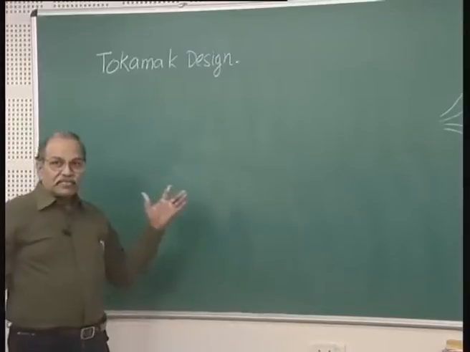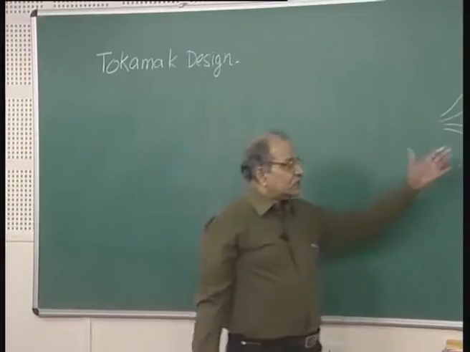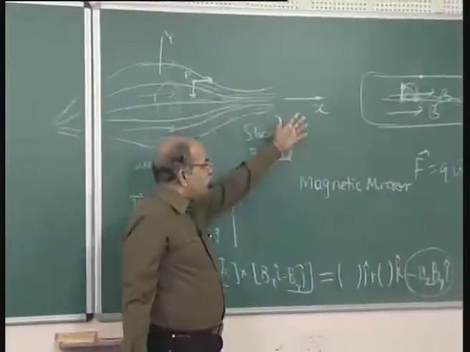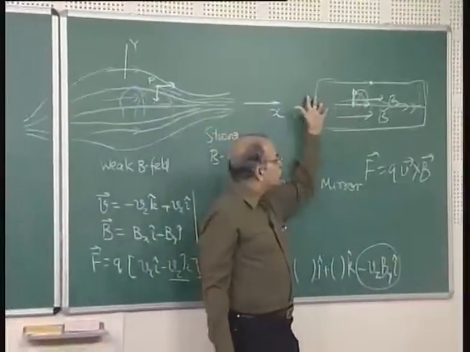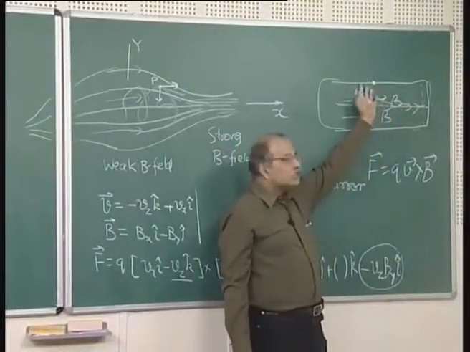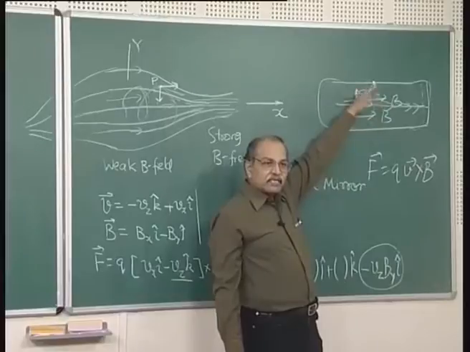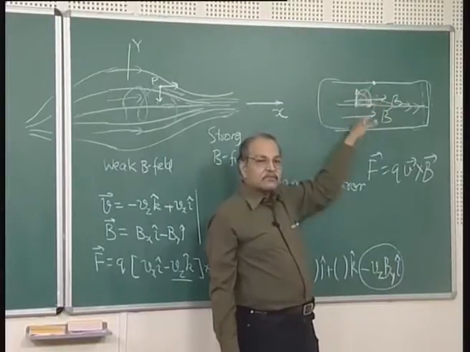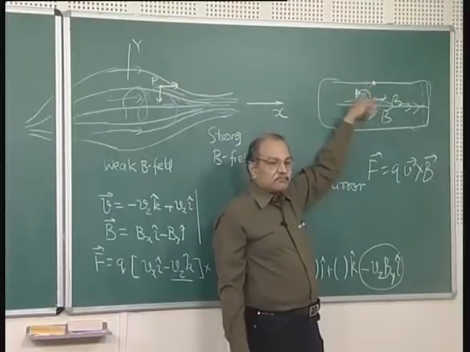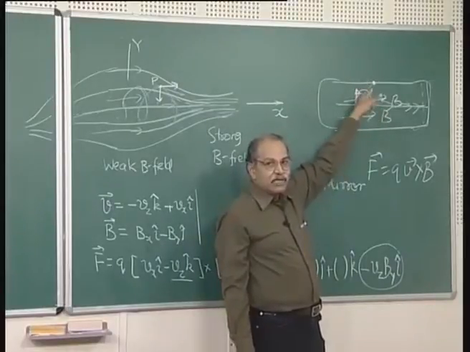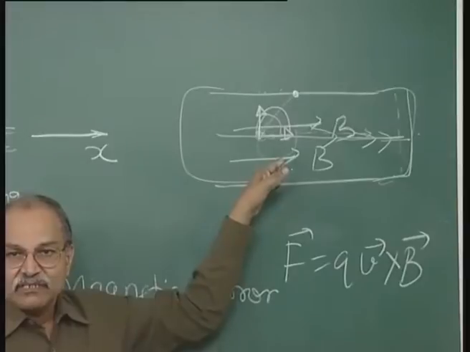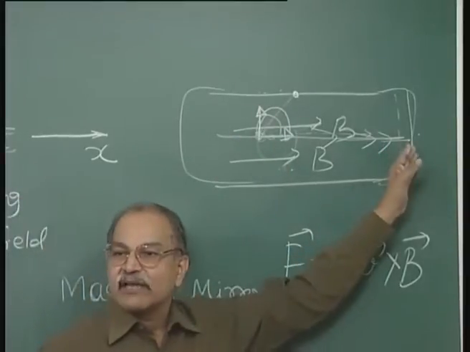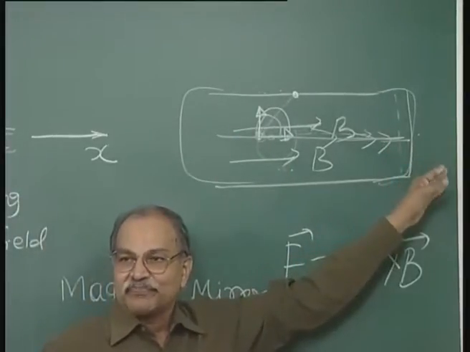What is that tokamak design? As I told you, if you have a magnetic field in a particular direction, then the particles can go around, and in that transverse direction particular fields can be applied to avoid collision with the walls. But then on the longitudinal side there is this problem, right?